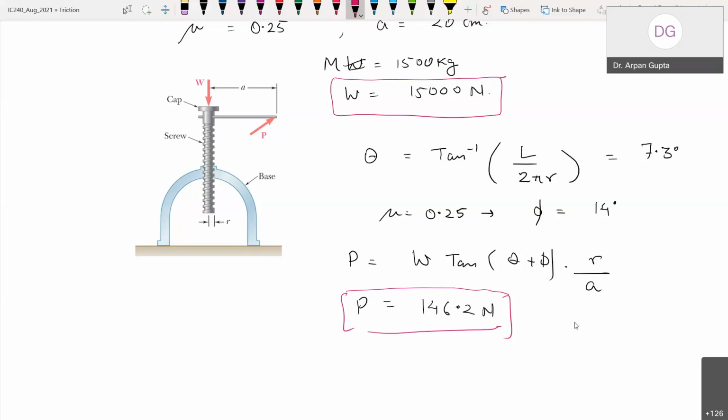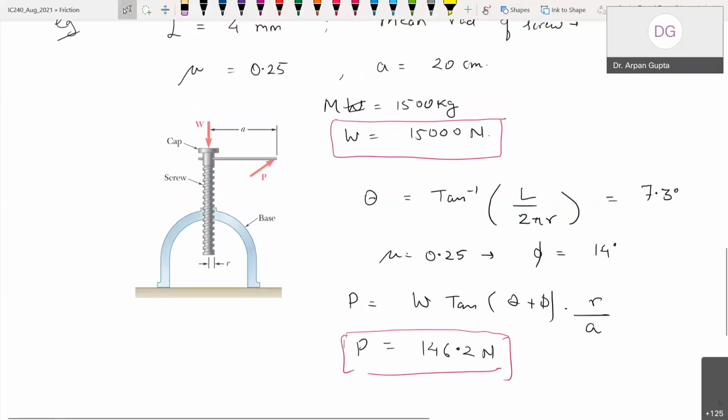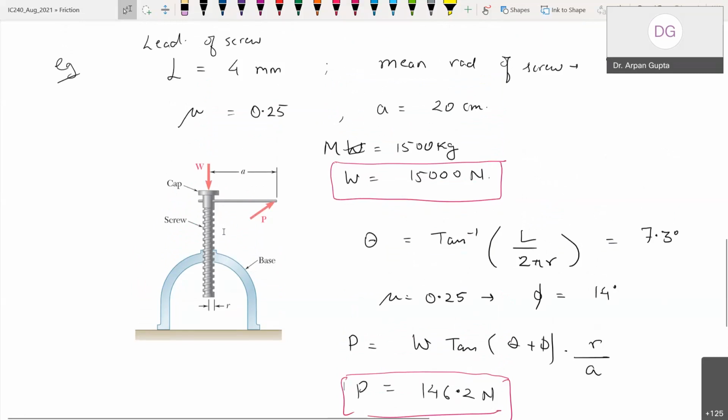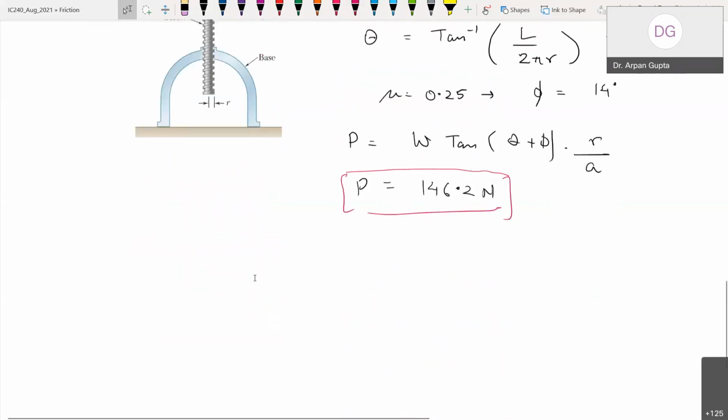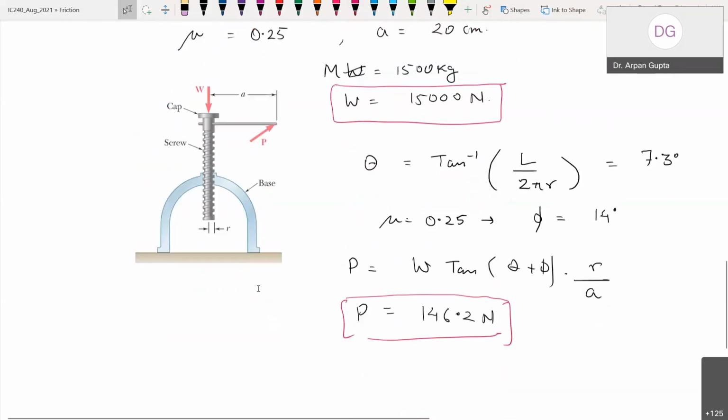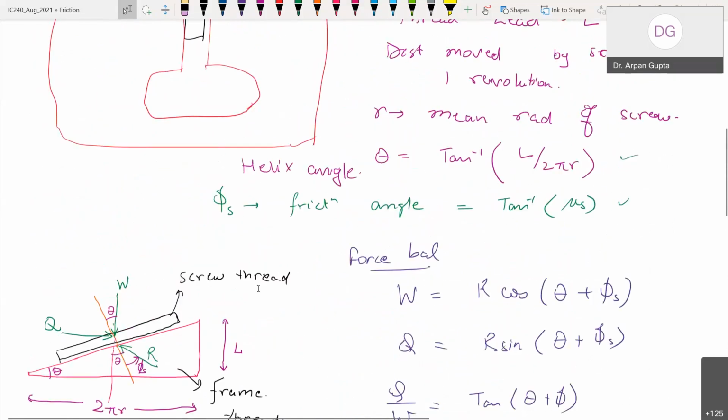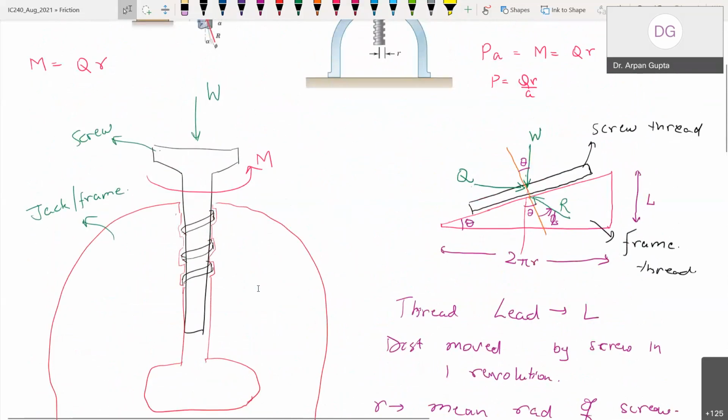So just by applying a moderate amount of force, one person can lift such a heavy load. Of course, this is a very simple design, and screw jacks have a little bit more complications, which we may see later. But that's about the screw jack part one, in lifting the object.